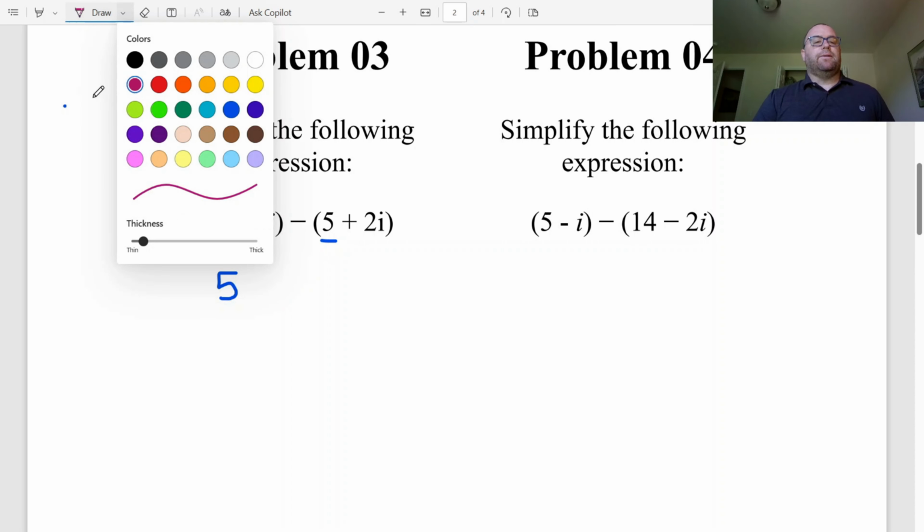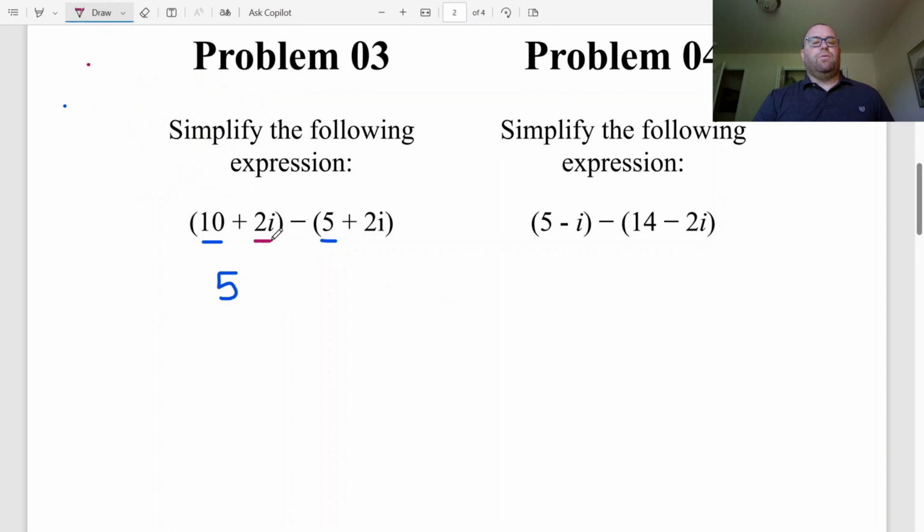Okay, and then we do 2i minus 2i is plus 0i, or you can just write it as 5. Now, you should note here that 5 can be written as 5 plus 0i, so the real number 5 is a complex number. Okay, so either of these would be the difference of this expression.